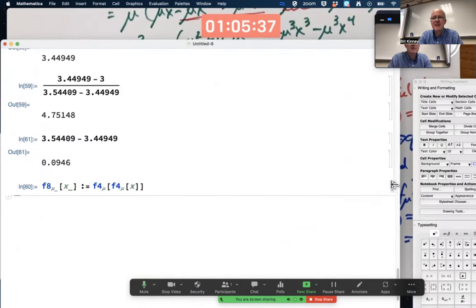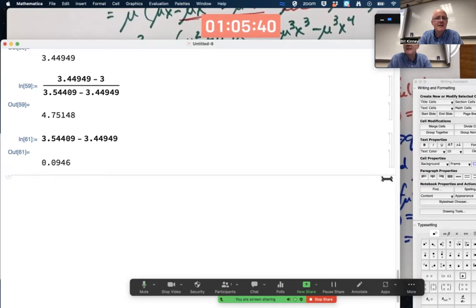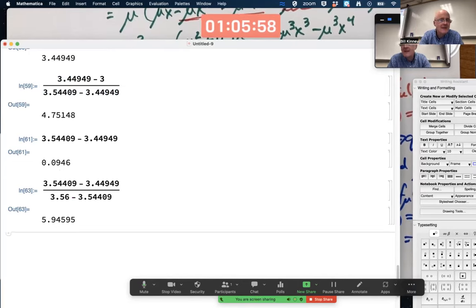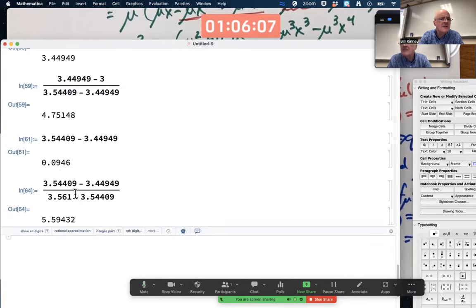Well, if we just pretended it was 3.56, how close would we be to Feigenbaum's constant here? So the next ratio, I'd want to compute this now in the numerator, and 3.56 minus 3.54409 in the denominator, which is not going to be exactly right. That's too big. Must be slightly bigger than that.